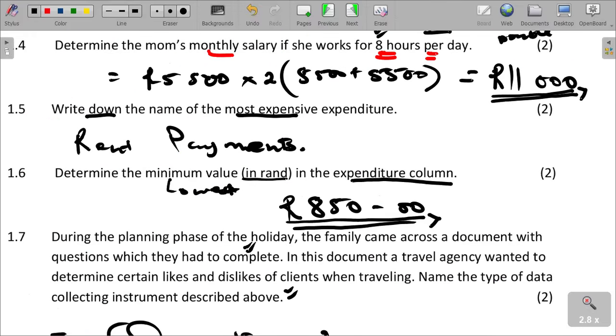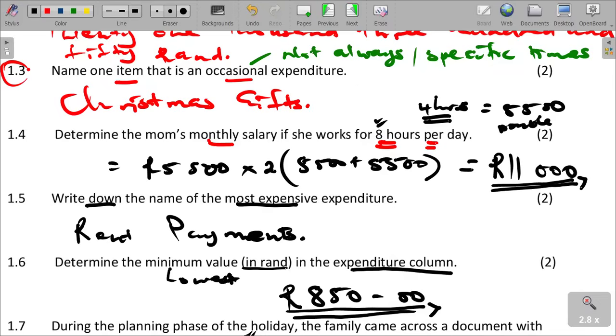So 4 hours equals 5,500, and 8 hours is times two, which is 5,500 plus 5,500, the same as 5,500 times 2.